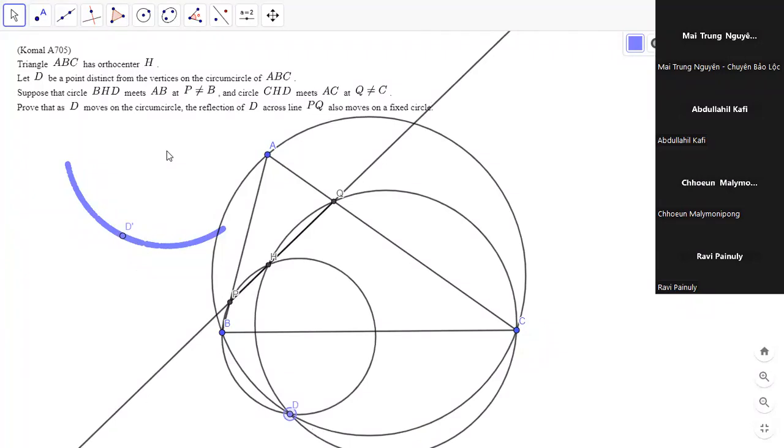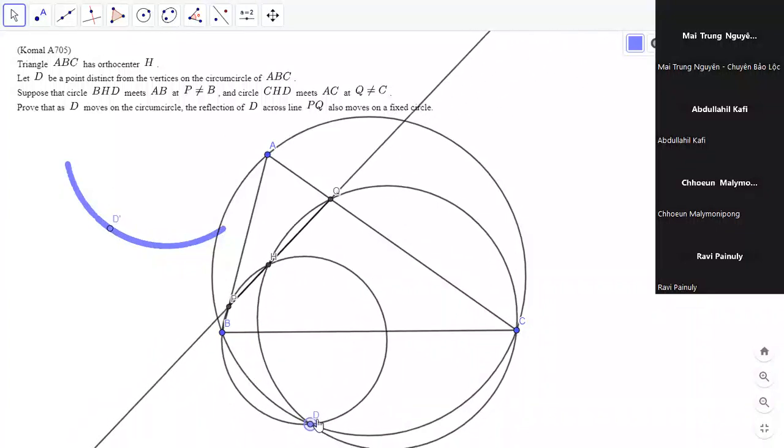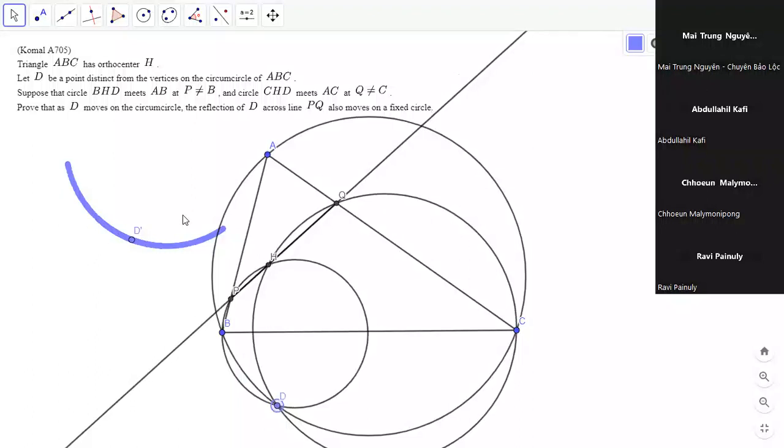Wonder if we can guess what the center is. Yeah, it seems very random, this circle. I wonder if we take the center of this circle and reflect it across. Yeah, but the line PQ keeps changing, that's the thing. So how would we know where the center is?